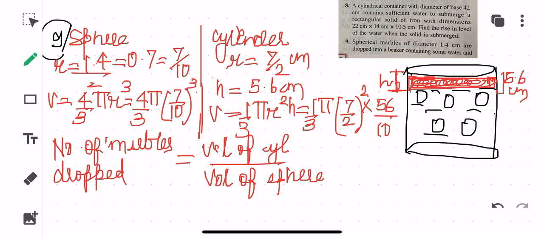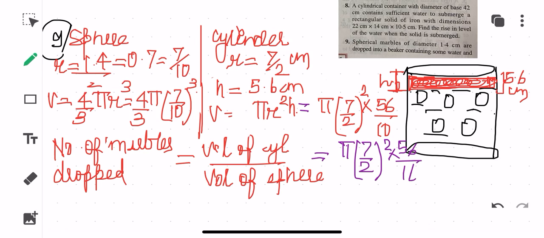This is equal to volume of cylinder. Why have we taken 1/3, children? It's not 1/3, I'm sorry, my bad. This is just pi r square h. The 1/3 is for the cone. So volume of cylinder is equal to pi into (7/2) square into 56/10, divided by 4/3 pi into (7/10) cube.